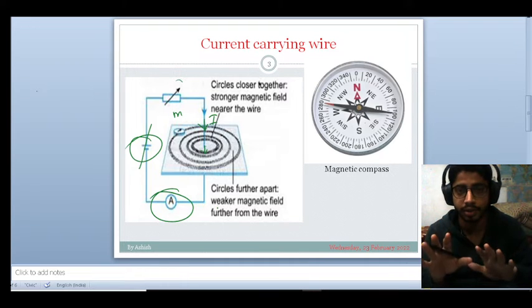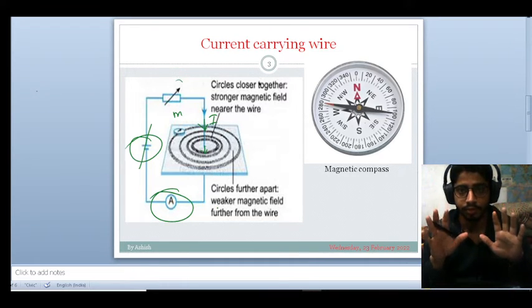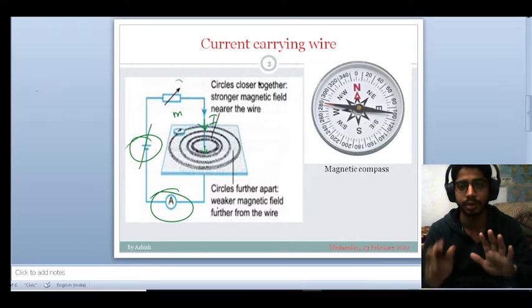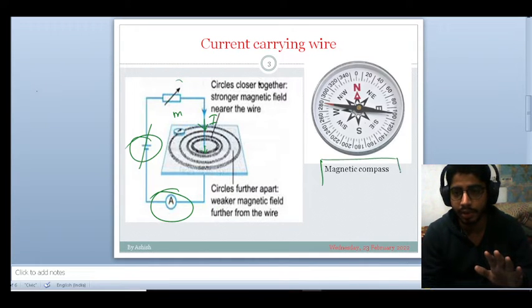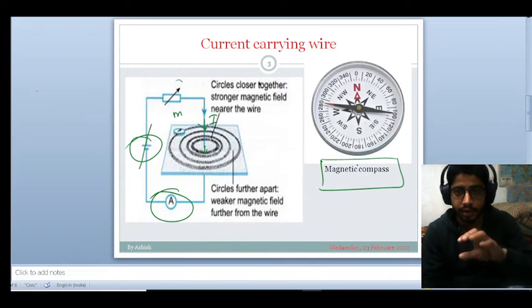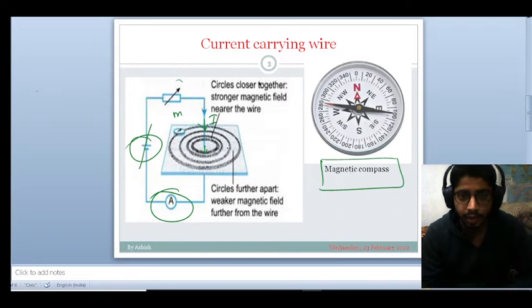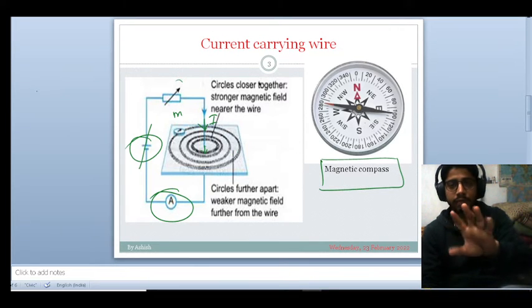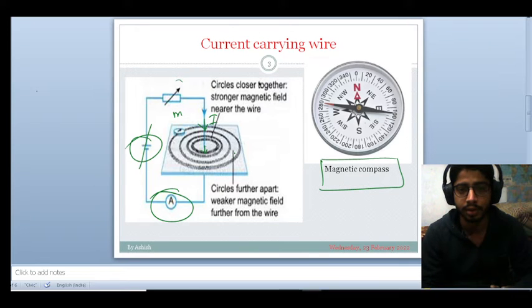The ammeter is just an instrument that measures the current. And here is the magnetic compass, as you can see in the image. It always points in the north and south direction. If it deflects when we bring the magnetic needle near the wire, we can say that a magnetic field is produced by the current carrying wire.